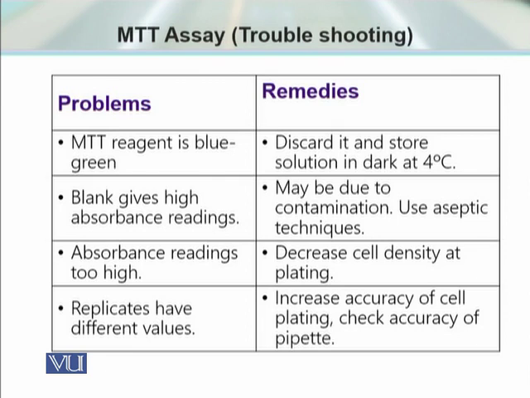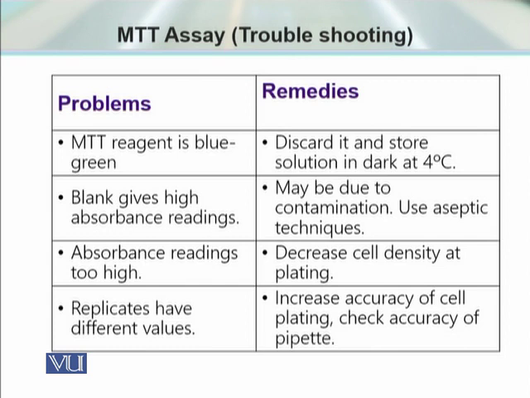That means in those wells there were no cells at all, only water or only the liquid was added to have a blank value. In that case, we may expect some contamination in our culture conditions. We need to use aseptic techniques to rule out any kind of contamination.